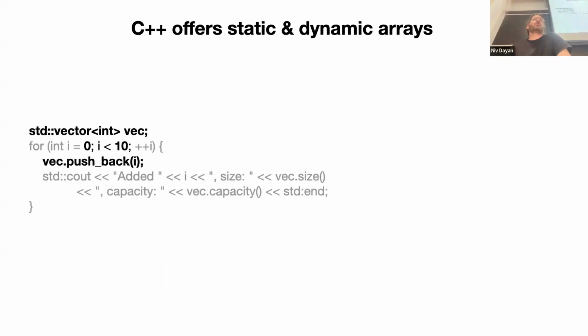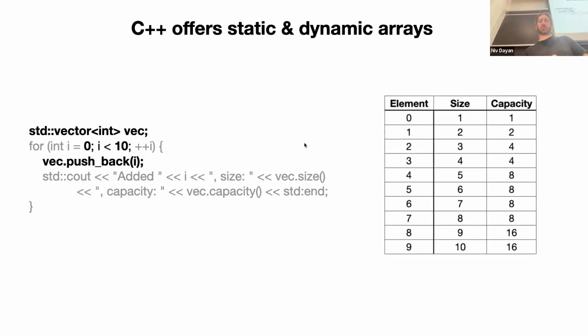So here's an example of what happens in a dynamic array in C++. Here's just an example of pushing elements to the back of the array. This data structure from the standard template library is going to expand automatically for you as you push to the back. Okay, so if we run the following code, as you're pushing back, you're measuring. This pushback is going to resize if we exceed capacity.